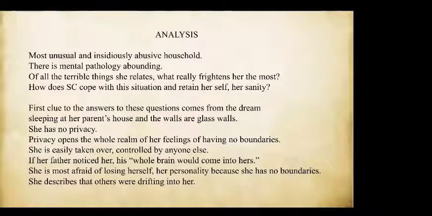So that's the epitome of having no boundaries, that if someone's next to you, your brain doesn't exist anymore, and their brain can come completely and take over yours. So she's most afraid of losing herself and her personality because she has no boundaries. And she describes that others are drifting into her. So having no boundaries is the most frightening thing for her, that has the most devastating consequences.